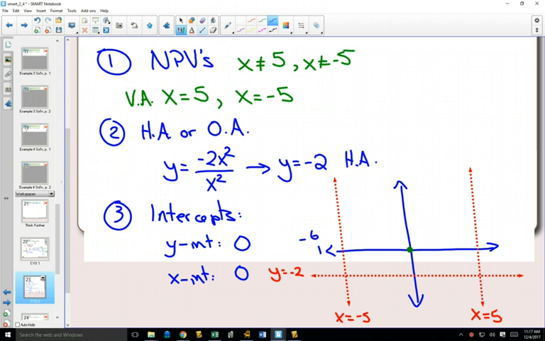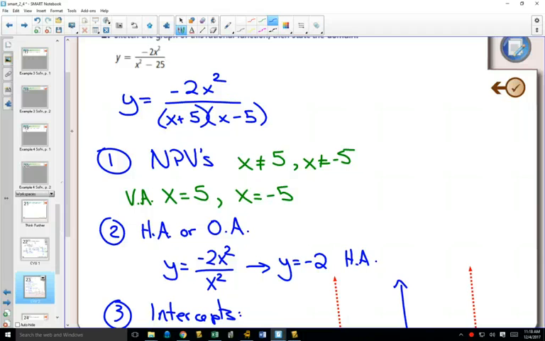So I'm going to say, what happens if I plug in negative 6? I'm going to go up to my equation here, perhaps the factored one. If I plug in negative 6, can you see that negative 6 squared would be 36 times negative 2? I'd get negative 72 on top. And if I plug in negative 6 into the bottom, I'm going to get a negative 1 there and a negative 11 there. So it's going to be negative 72 over 11.